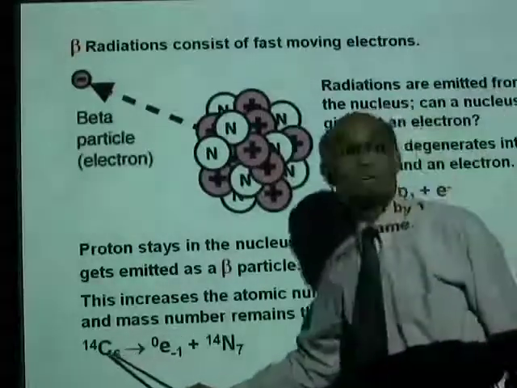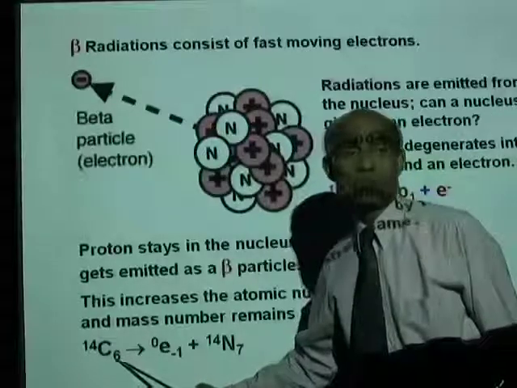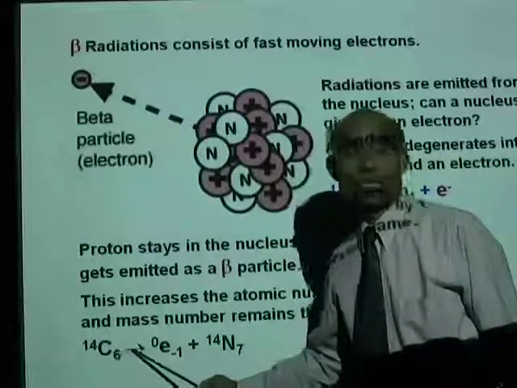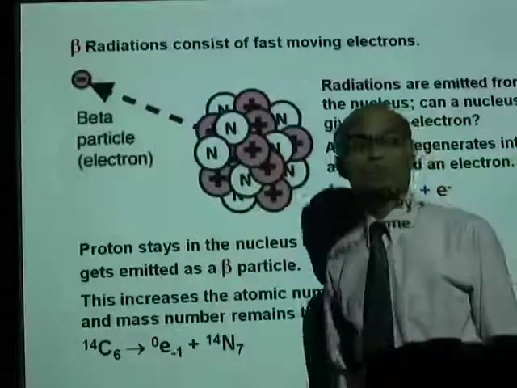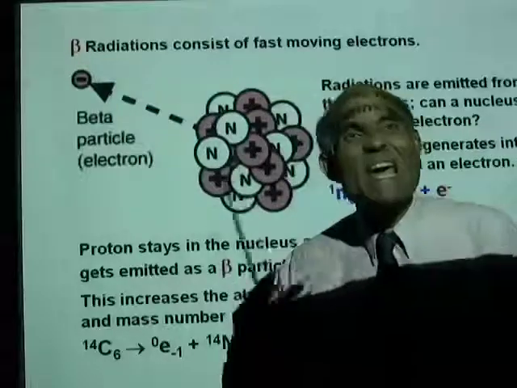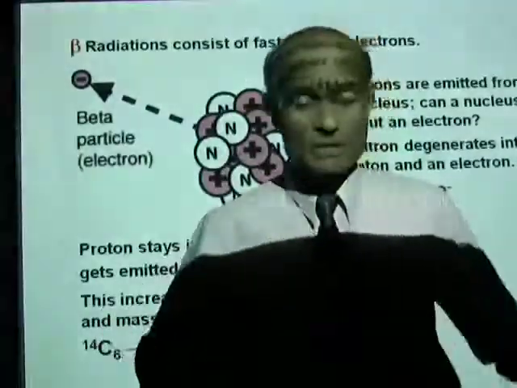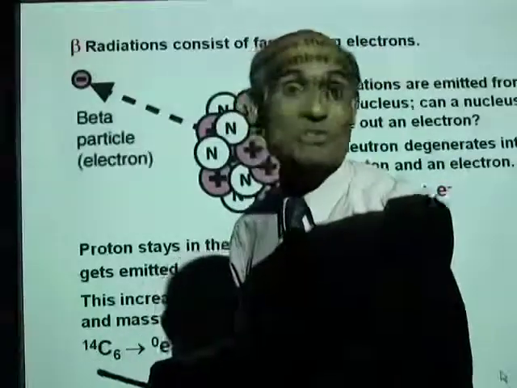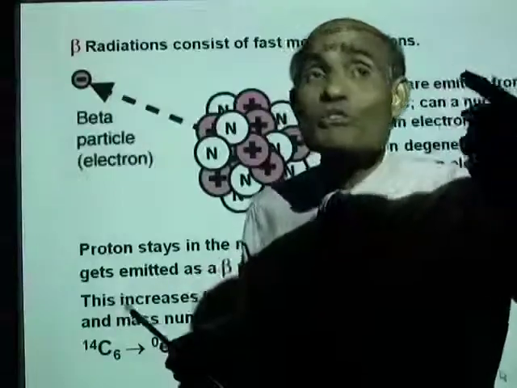An example is carbon-14. Carbon, atomic number 6, mass number 14, emits a negative beta. So from now on, we are going to call this beta a negative beta, a beta that carries a negative electric charge, which obviously means sometimes we will be coming across a positive beta.